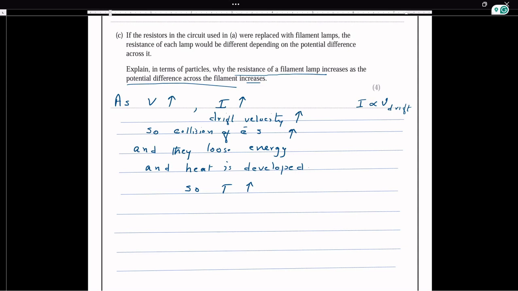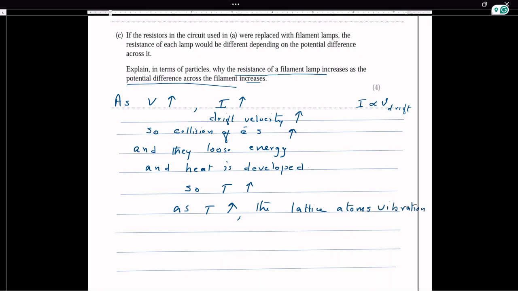So as T increases, the lattice atoms' vibration will increase.